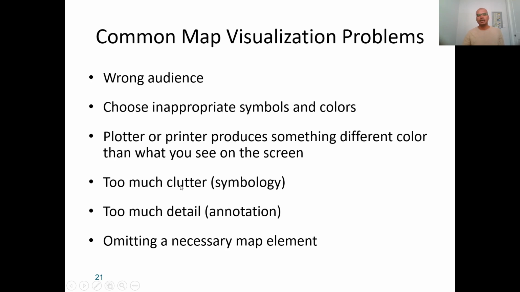So depending upon scale, you have to decide how much symbology and how many labels or annotations can be added to the map. Sometimes you did proper symbology and annotation, but a necessary map element may be omitted from the final map, for example, presenting without a title or without a scale.